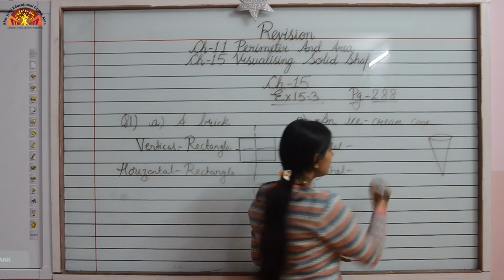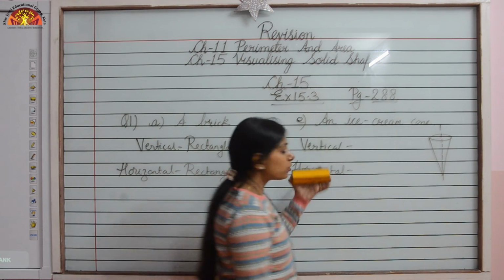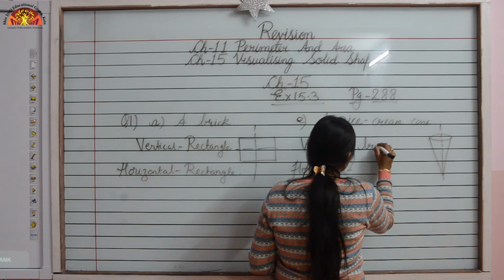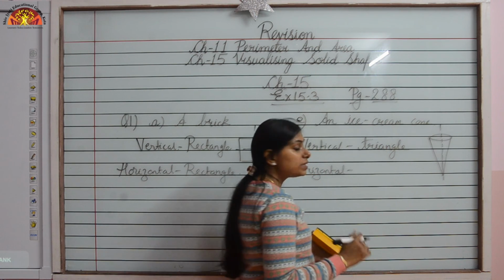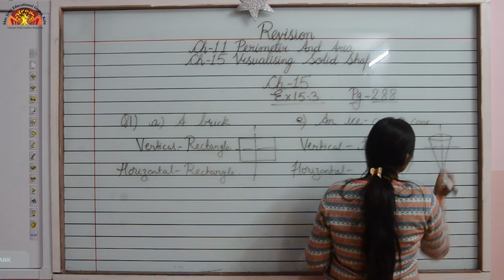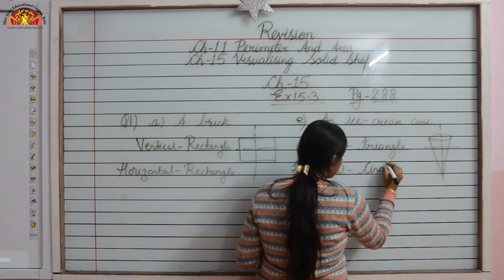So when you give a vertical cut to an ice cream cone, the cross section that will be obtained will be a triangle. But when you give a horizontal cut to an ice cream cone, then the shape obtained will be a circle. It will be a circle.